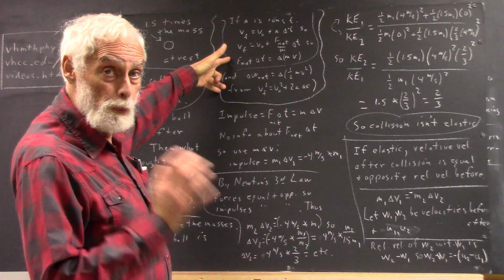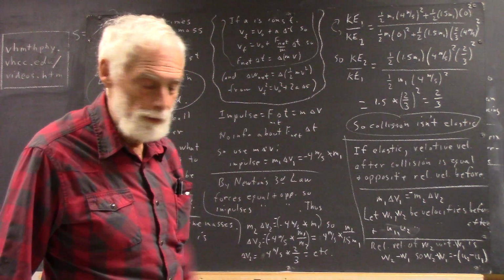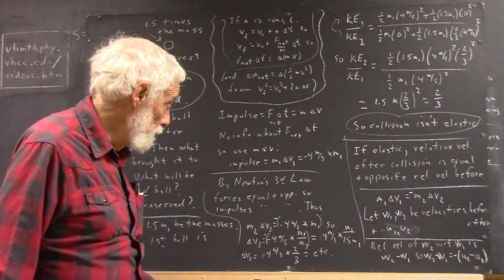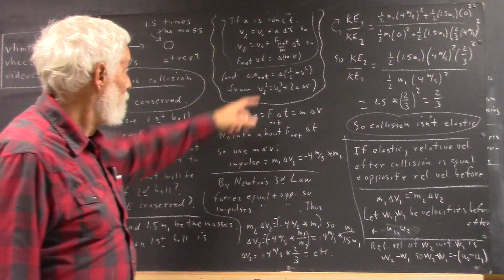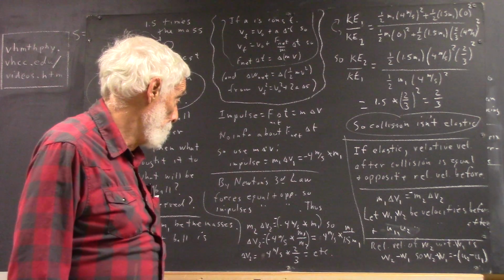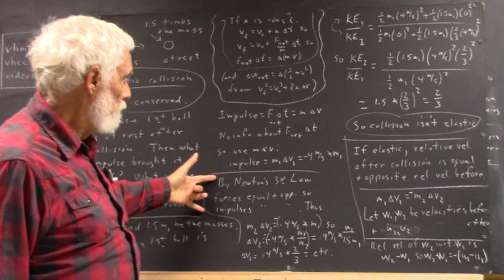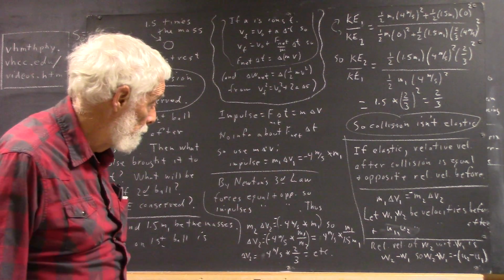But if you really want to know, work it out, you get the same thing if you do the relevant integrations. So the net result is still the same. So this is still valid, and the work energy theorem is still valid. In any case, okay, by Newton's third law, the forces are equal and opposite, so the impulses are equal and opposite.